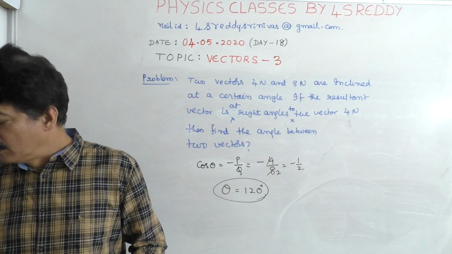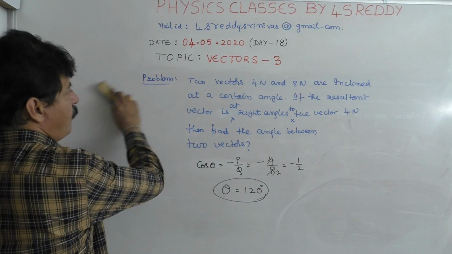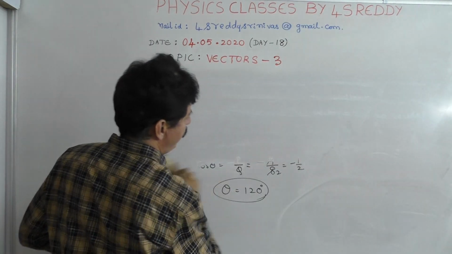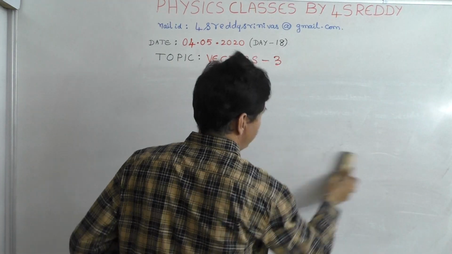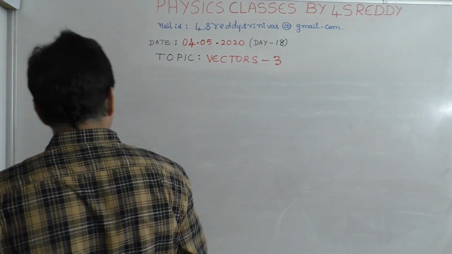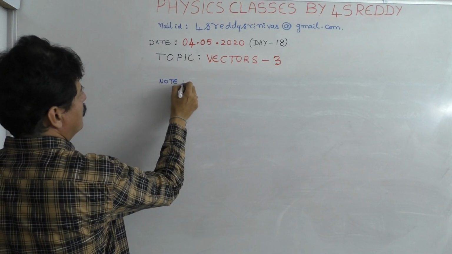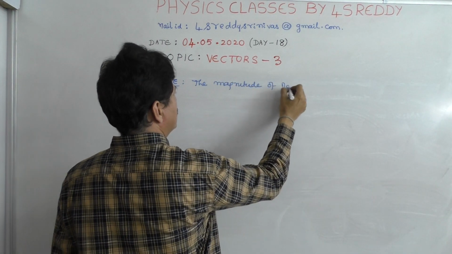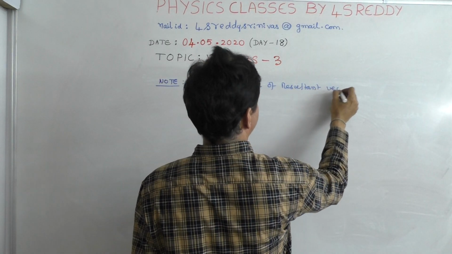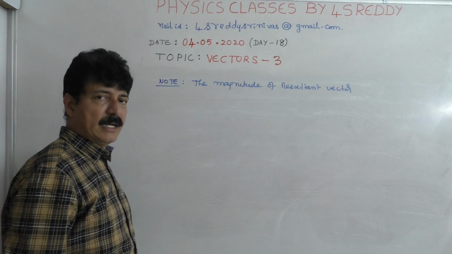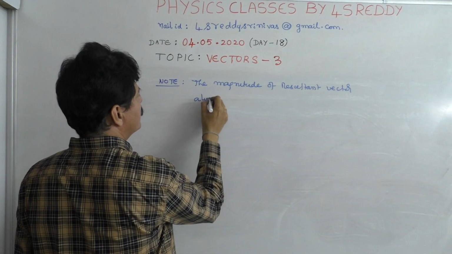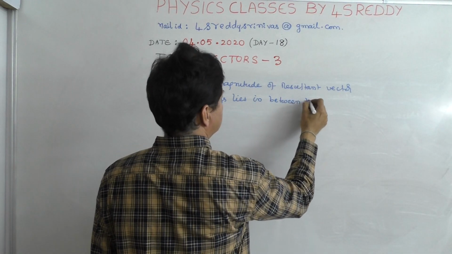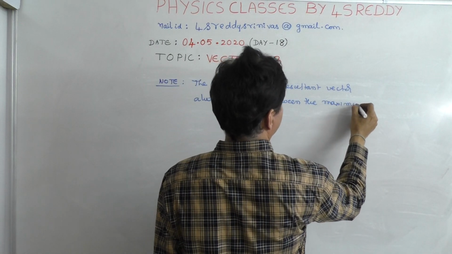And one more thing here, another note point: the magnitude of the resultant vector always lies in between the maximum and minimum values.